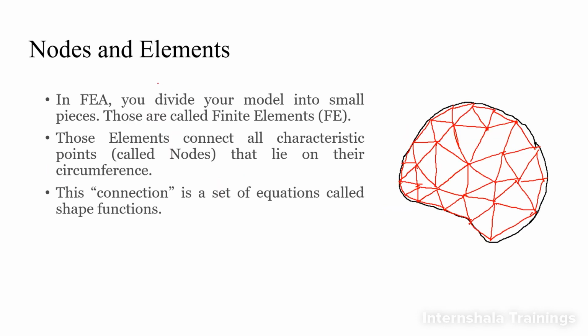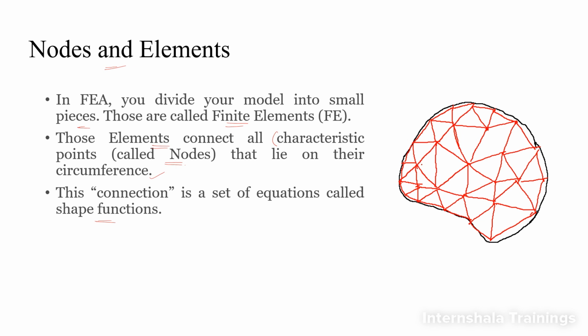Then, nodes and elements. In finite element analysis, we divide our model into small pieces. These small pieces are called finite elements, and the characteristic points are called nodes. The elements connect all these nodes, and they lie on the circumference. The connection is a set of equations called a shape function.